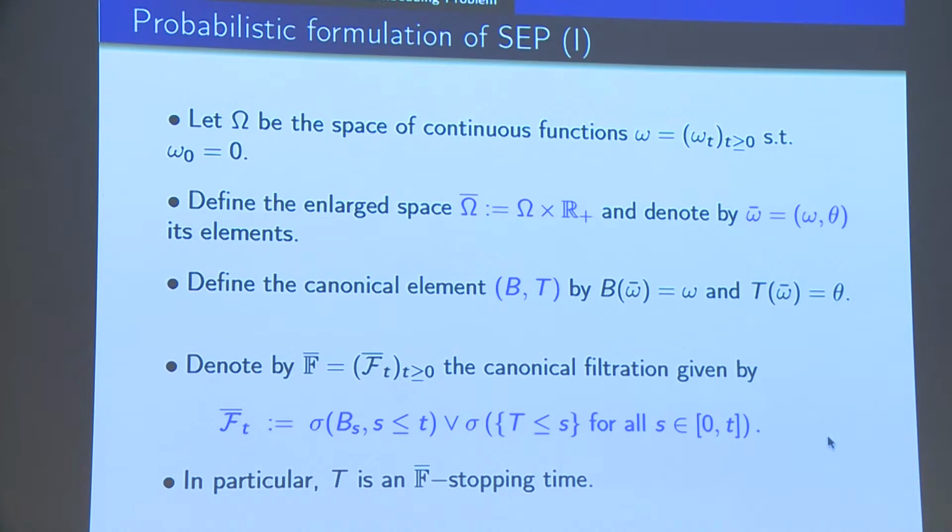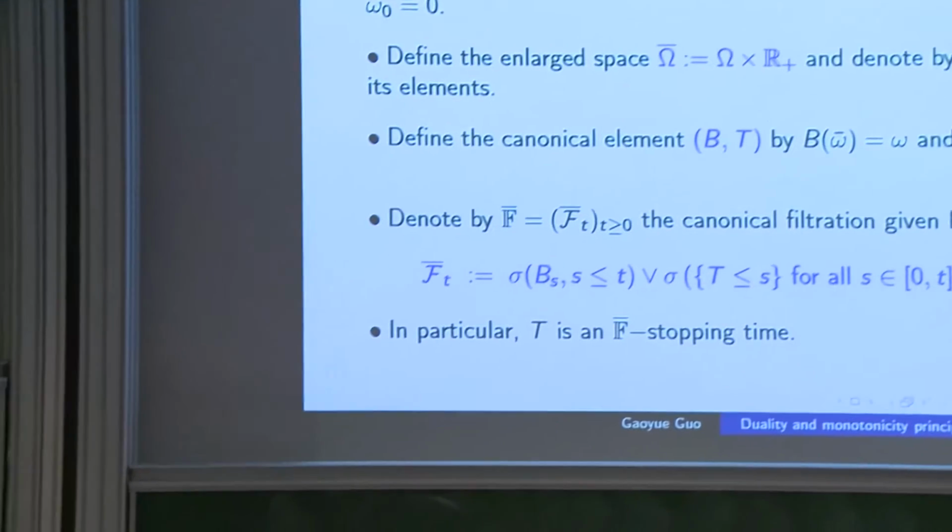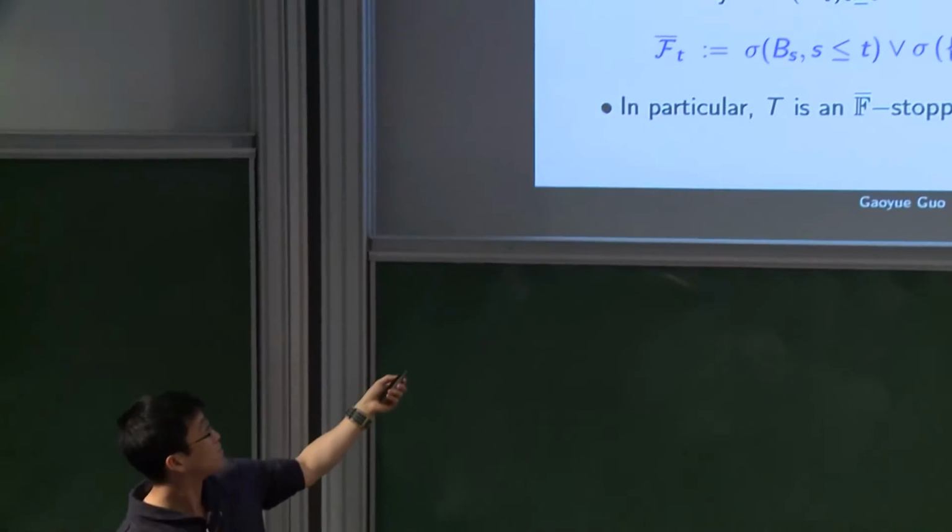Then we introduce some filtration. The objective of introducing this filtration is to ensure that the random element T is a stopping time with respect to this filtration. Roughly speaking, we construct some probability space, and then we represent the embeddings, the stopping times, using probability measures on this space.